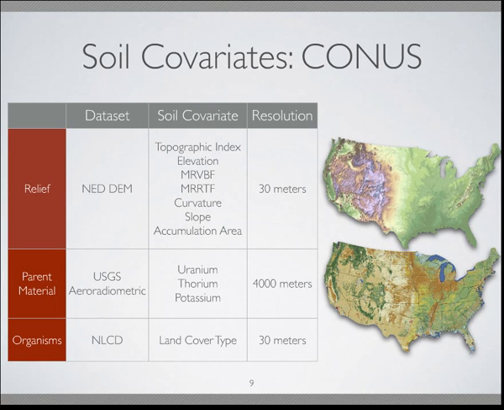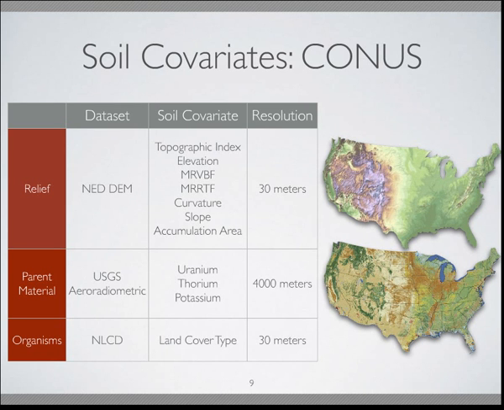For parent material, we use the USGS air radiometric, specifically the uranium, thorium, potassium. The resolution of this product is 4,000 meters, which arguably, if we're spatially disaggregating at 30 meters, is effectively too coarse a resolution. However, the information provided to us via the air radiometric is so valuable that we decided that we really needed to use it, regardless of the spatial mismatch.